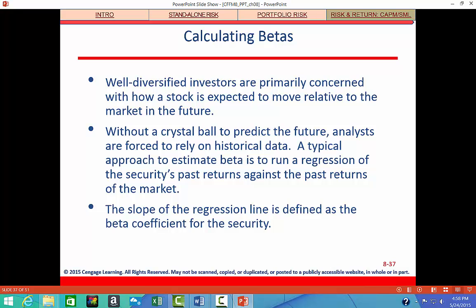You can pick weekly returns for the past 5 years for a stock, and the regression has the dependent variable as the return on the stock, and the independent variable as the weekly returns for the S&P 500. You can do this in Excel, and it's really easy. You get a slope for that regression, and the slope is the beta. That's how people are getting betas.